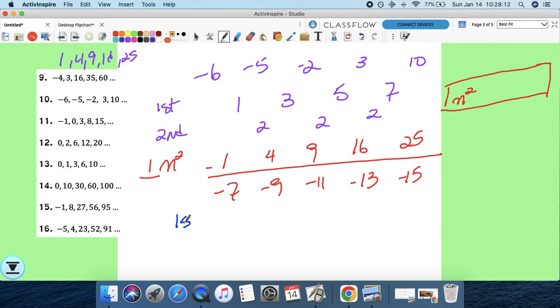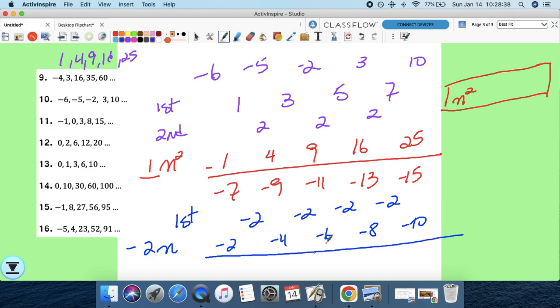The first difference again: negative 7 to negative 9 is minus 2, minus 2. So it's a repeat of the previous one. So we have a 2 times table sequence, but negative. So it's negative 2 times 1 is negative 2, negative 2 times 2 is negative 4, and then times 3, times 4, times 5.